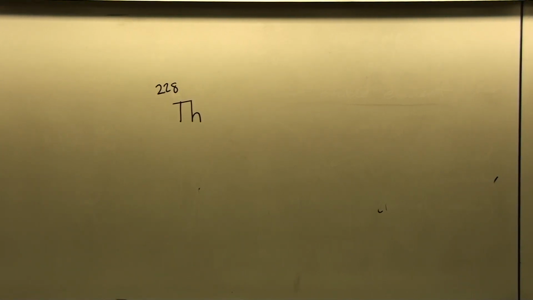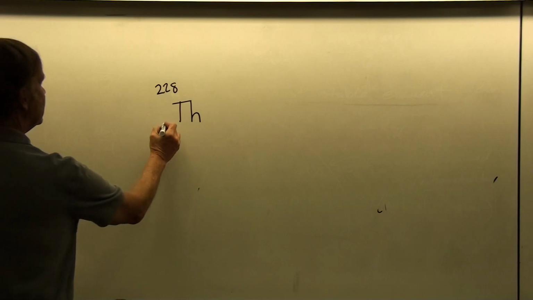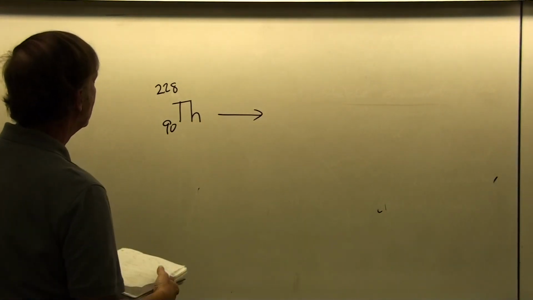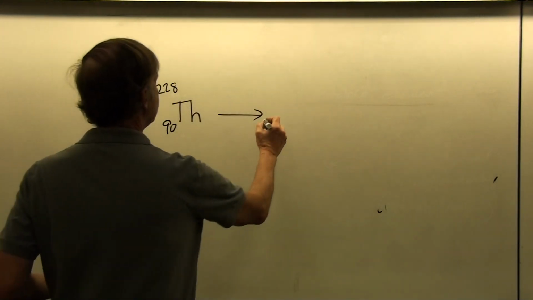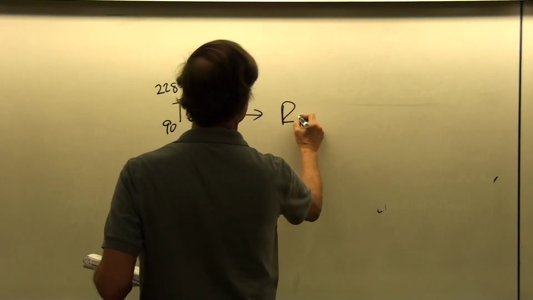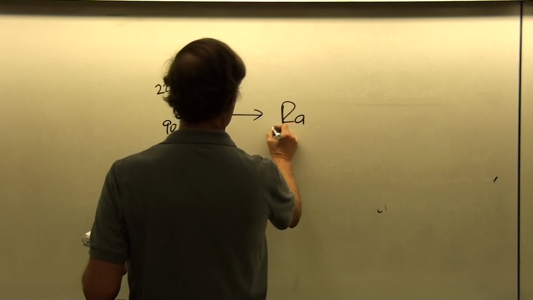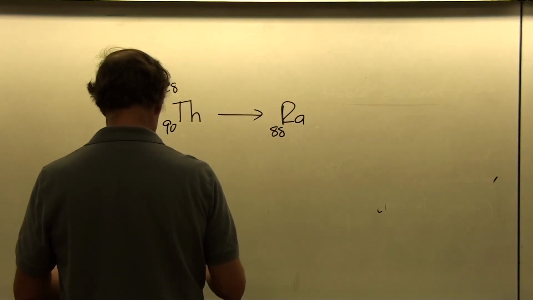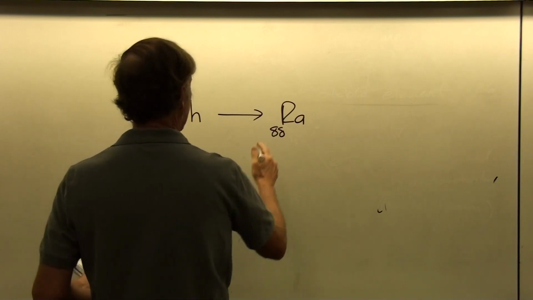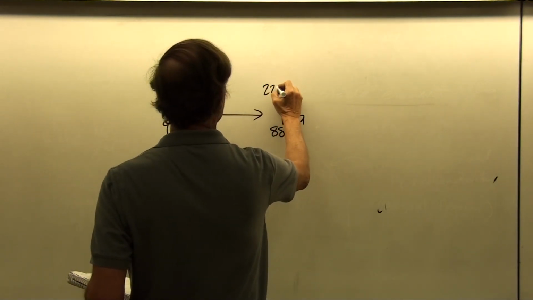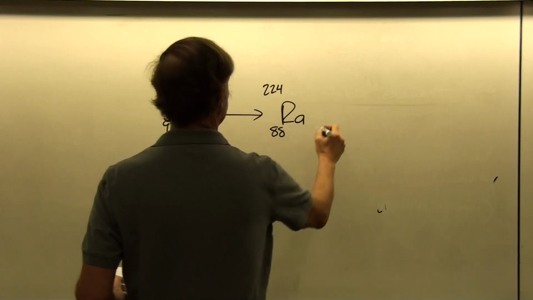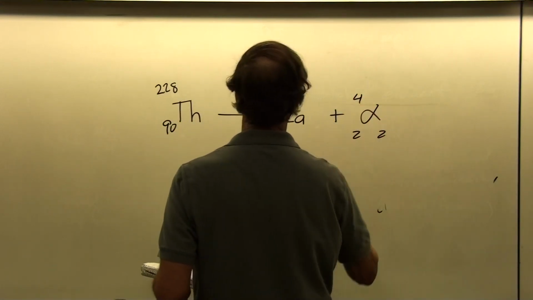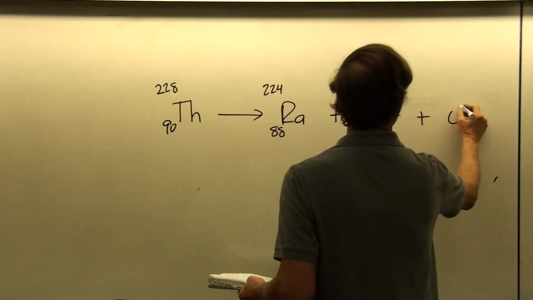Thorium is element number 90 on the periodic table, and it will tend to, over a certain length of time, decay down into radium. So this has atomic number 88, and the atomic mass number is 224, plus an alpha particle, which is 2, 4.